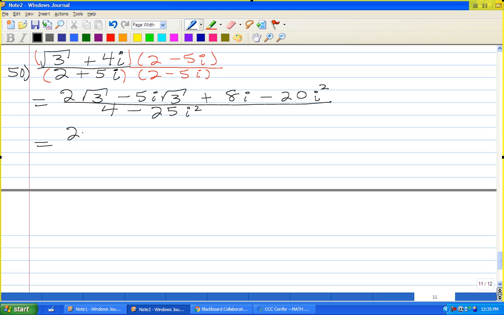And so I have 2 rad 3 minus 5i rad 3 plus 8i. I'll use the fact that i squared is negative 1. So negative 20i squared becomes a positive 20. So negative 25i squared becomes a positive 25.